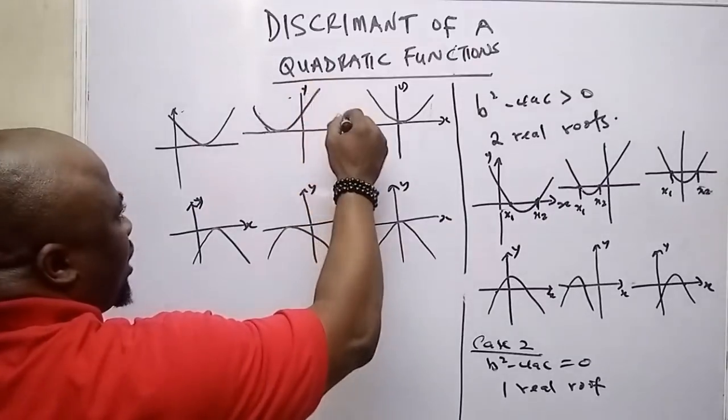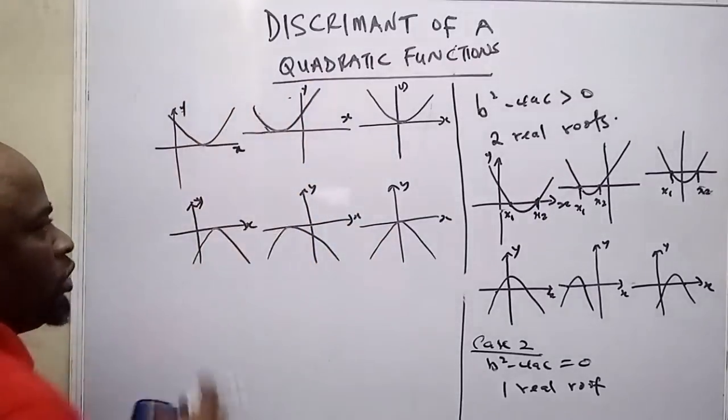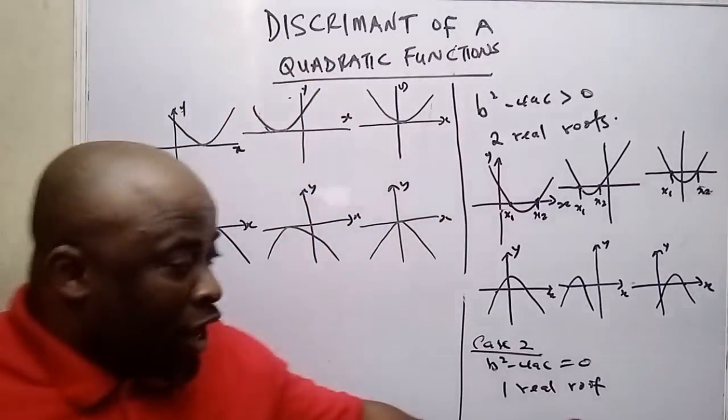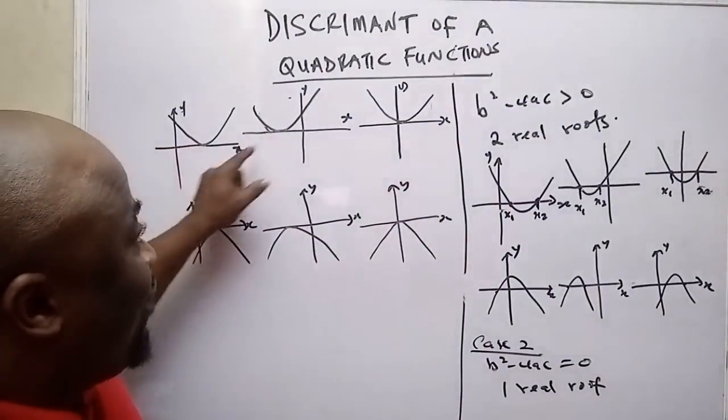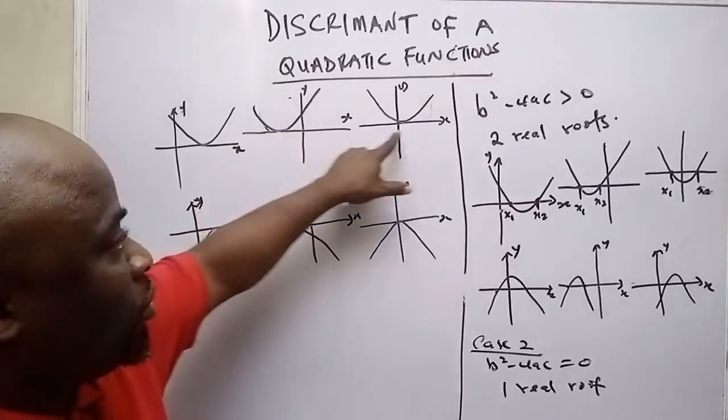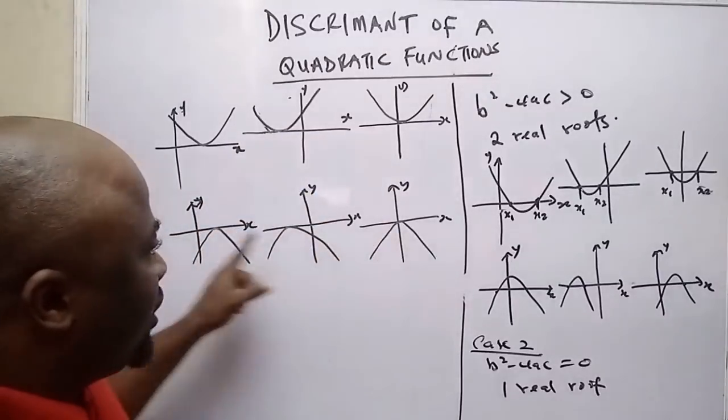So you are going to have one real root. That is, you can see that your graph is touching your x-axis at one point.